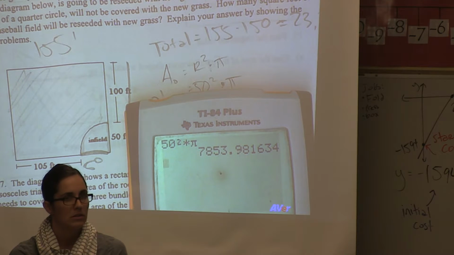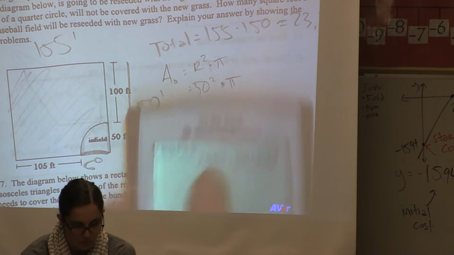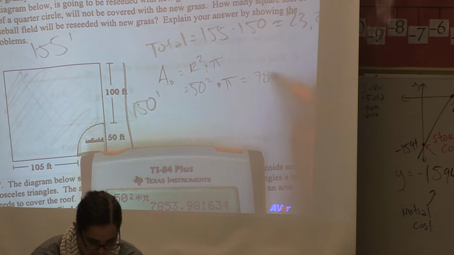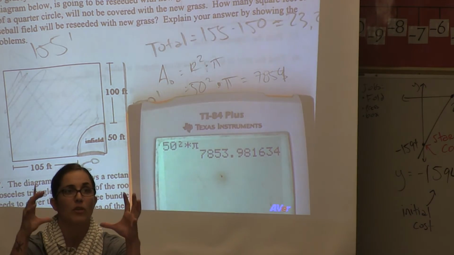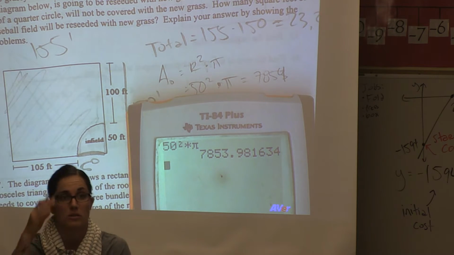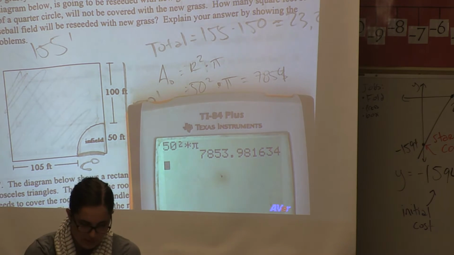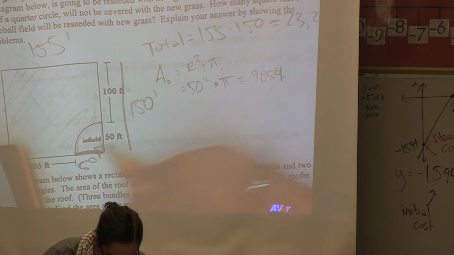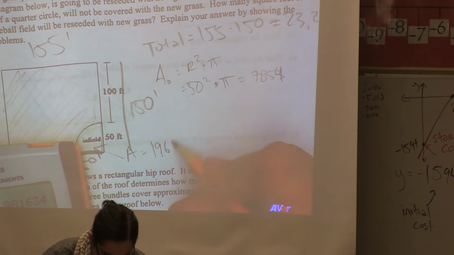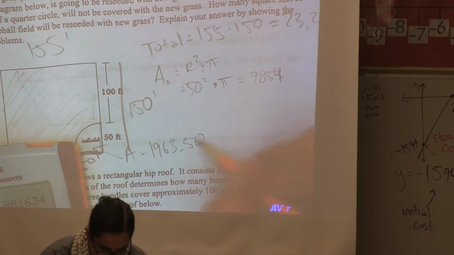That equals 7853.98, just because we're rounding. I'm going to divide it by 4, cut it into 4 parts. So the area of this little piece has an area of 1963.50 square feet.